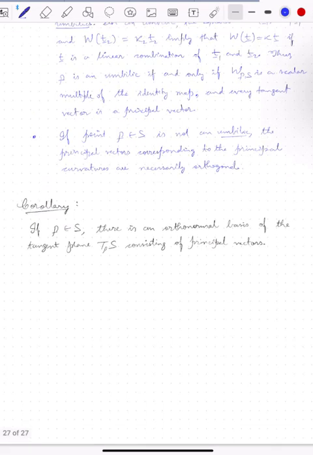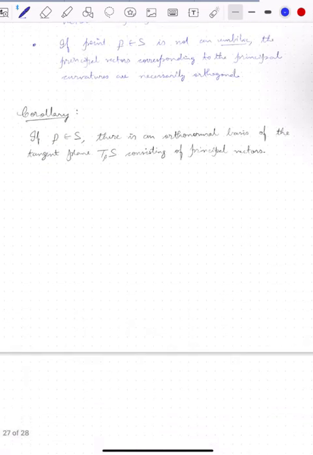Now, simply speaking, the principal curvatures are related to the mean and Gaussian curvatures as follows.